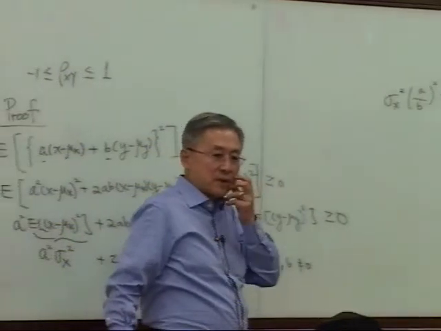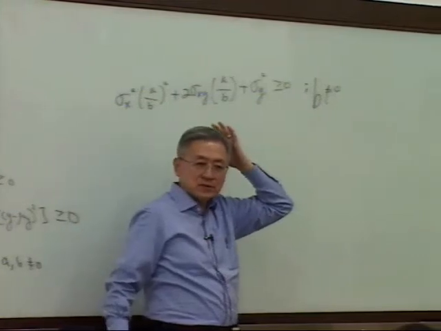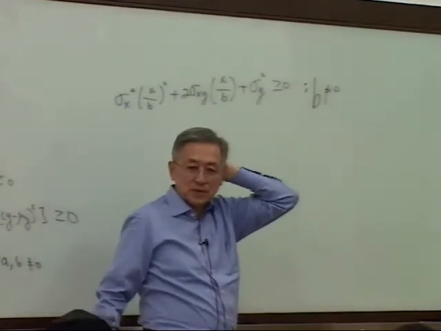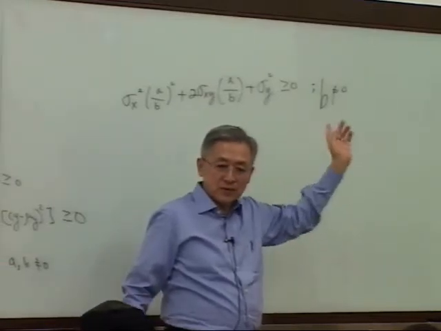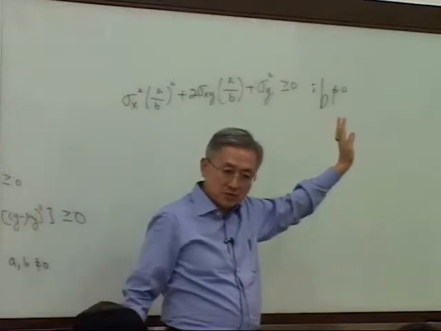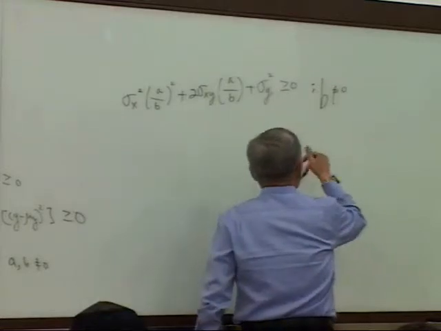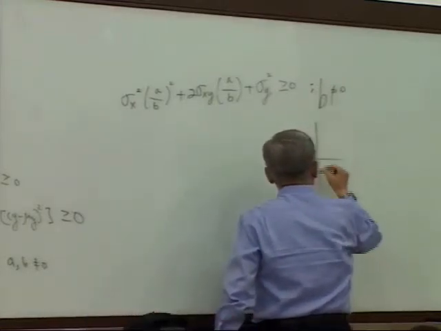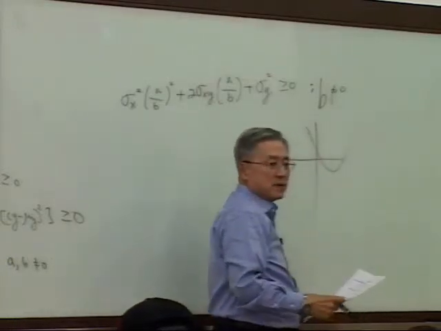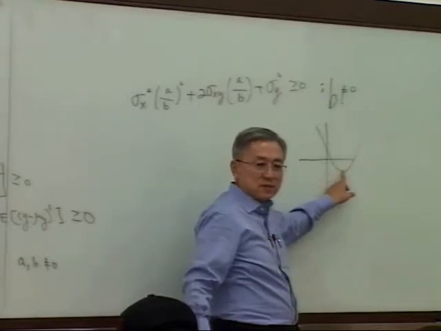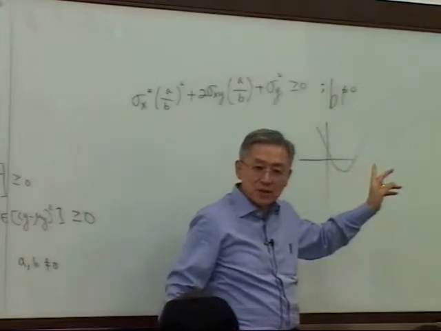To get this value greater or equal to 0, this is a quadratic equation. What's the requirement? To have this quadratic function greater or equal to 0. So if you look at a parabola, if it goes down there, it has a negative value, right? So discriminant has to be what?